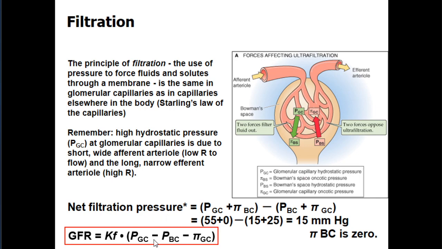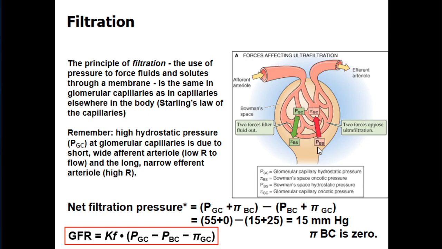Hydrostatic pressure of glomerular capillary, minus hydrostatic pressure of the Bowman's capsule, and minus the oncotic pressure of the glomerular capillary. So as you can see, the hydrostatic pressure of glomerular capillary, that's the force which pushes the fluid out, so it favors filtration.